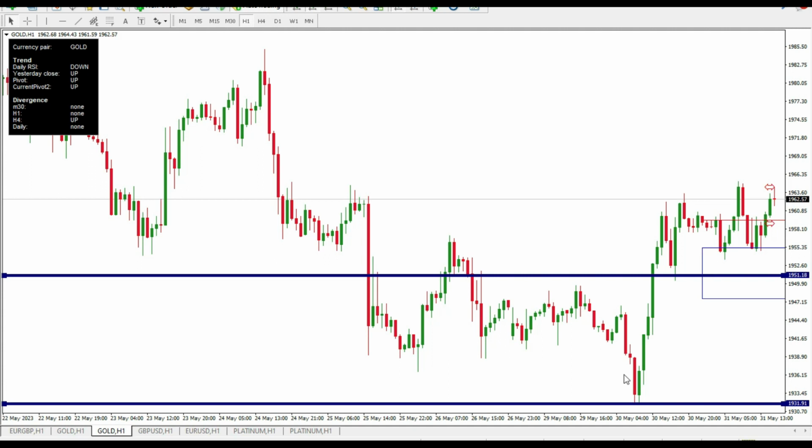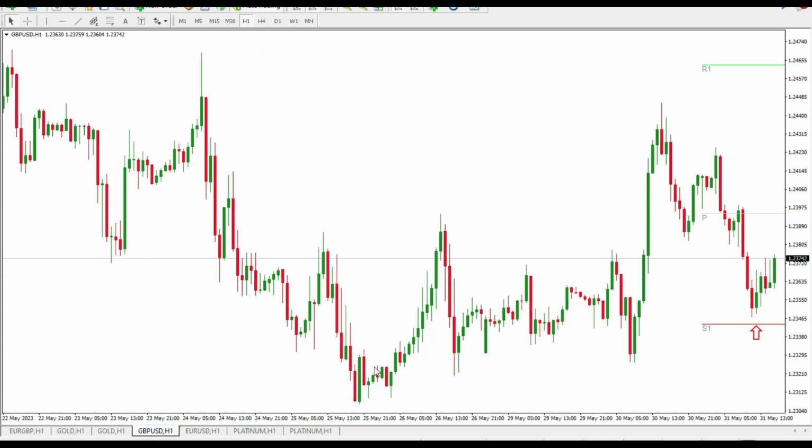Yes, because gold is volatile, and you need to put a wider stop loss, of course, and a wider target. So it's a normal thing. I always try to find, if I want to buy, the lowest low in the last maybe 24, 48, 72 hours, or the last 7 days low if I want to enter into a trade.